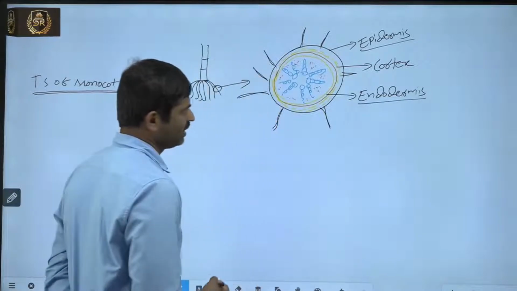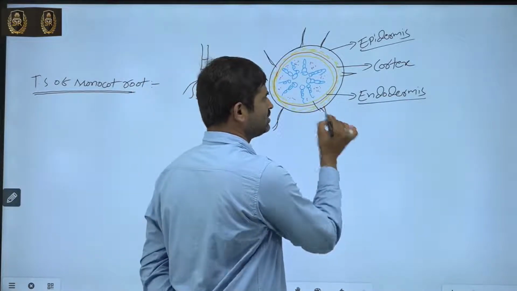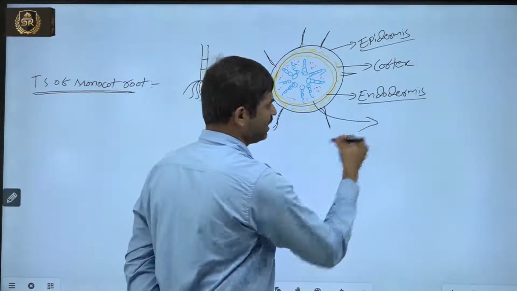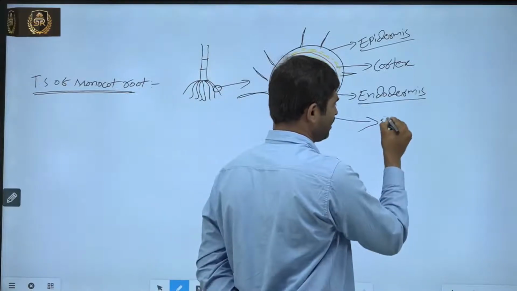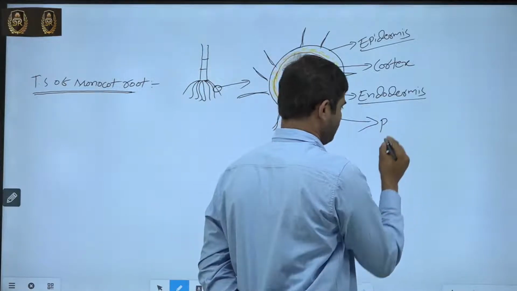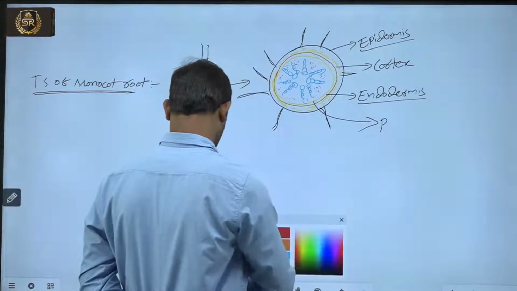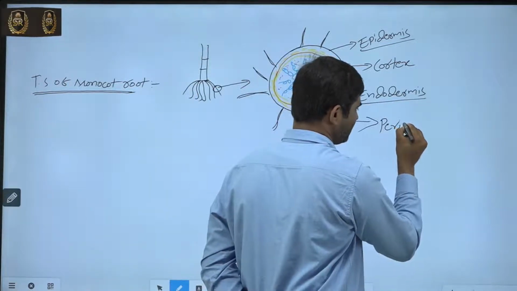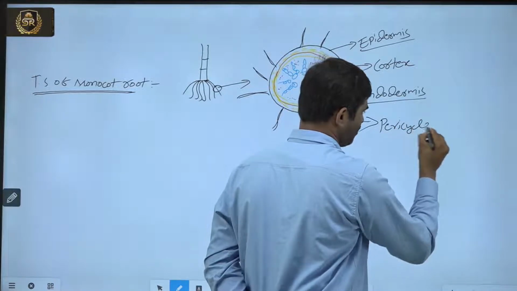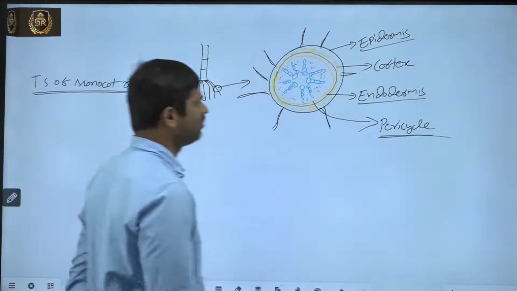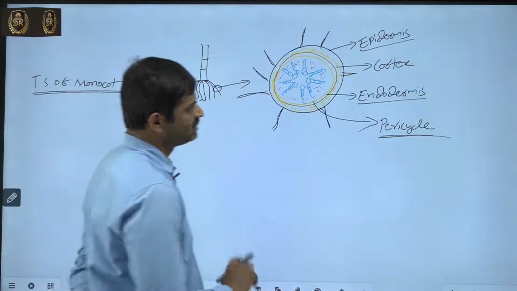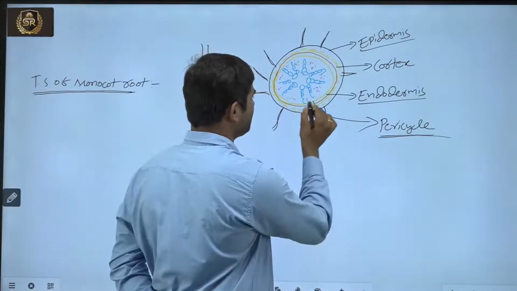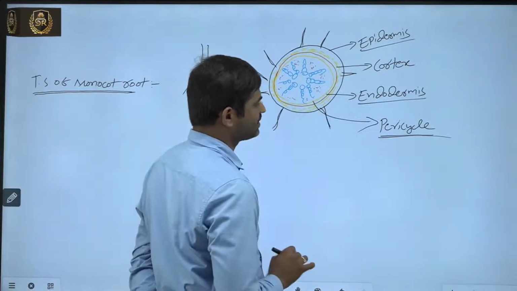Next one, this is called the pericycle. Next, the innermost part is the vascular bundle.